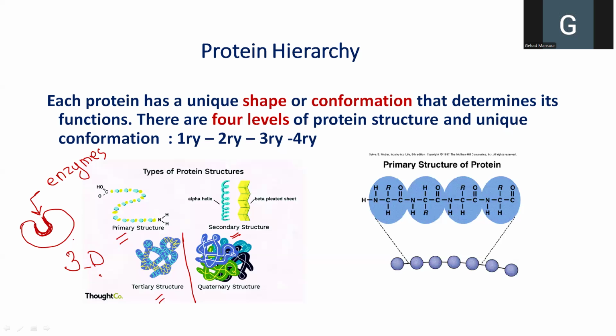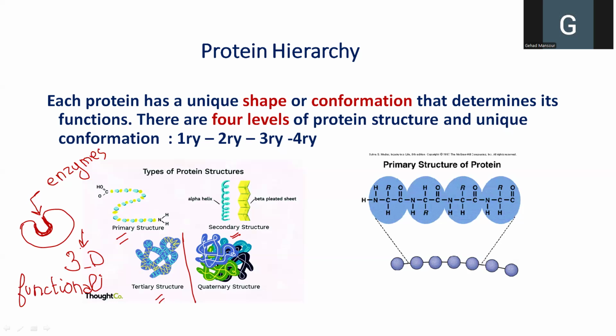And that's why this led scientists to deduce that in order for a protein molecule to be functional and to be able to exert a particular function in the human body, it has to be at the 3D level. So up to the tertiary structure, we just have one polypeptide chain with the least complexity at the primary structure and the greatest complexity at the tertiary structure.